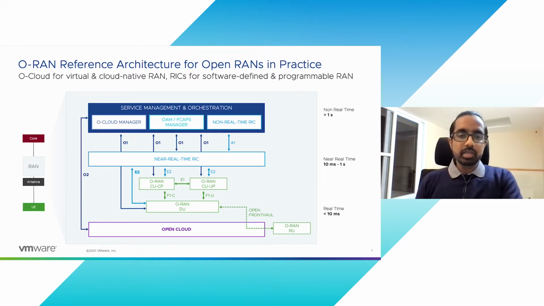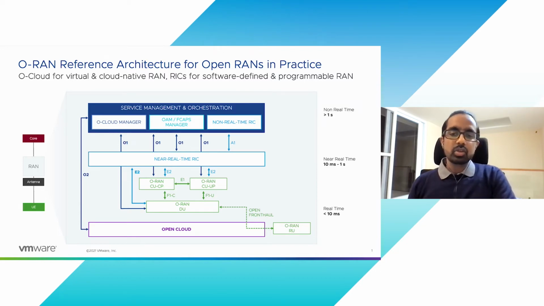The near real-time RIC supports tasks that require latency in the range of 10 milliseconds to 1 second, such as mobility management, radio resource management, traffic steering, and advanced SON capabilities. The primary goal of near real-time RIC is to improve network resource utilization and end-user experience. Both near real-time and non-real-time RIC are implemented as microservices-based platforms and provide a cloud-native platform to host apps.